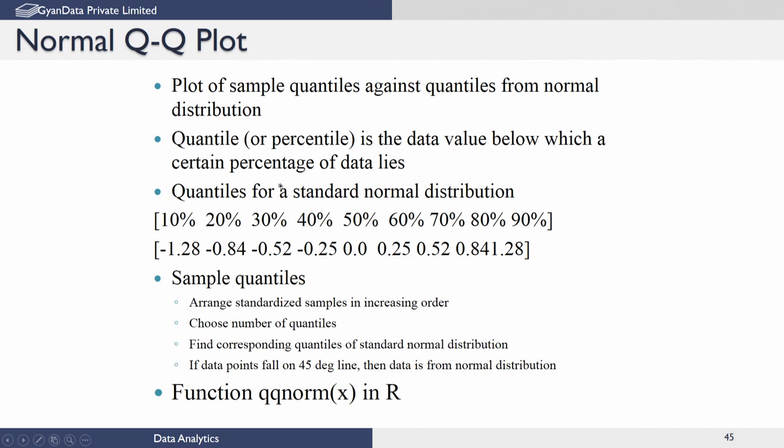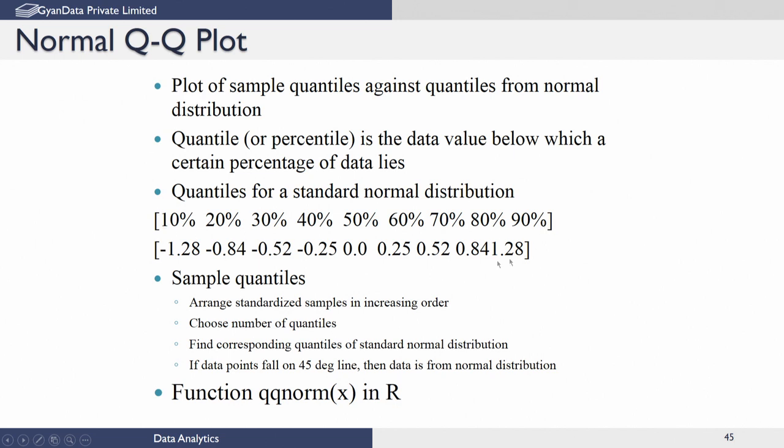Just to recap, what do we mean by a quantile? It is a percentile data value below which a certain percentage of data lies. For example, given a data set, what is the value below which 10% of the data lies? Maybe minus 1.28 here, which means 10% of the samples lie below minus 1.28, 20% of the samples lie below minus 0.84, and so on.